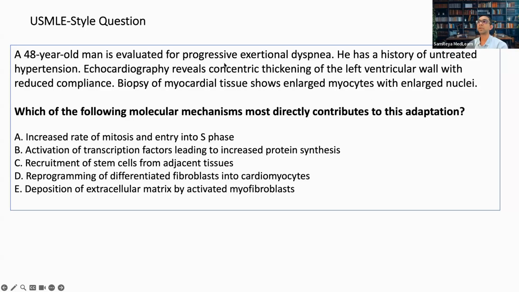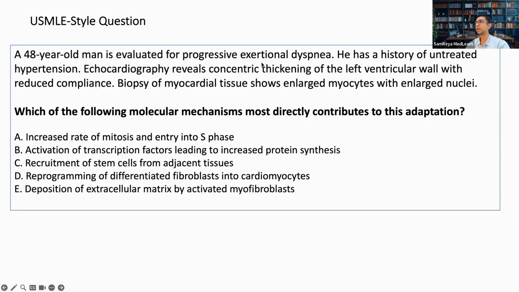This is a 48-year-old. What has he come to you with? This man has come with progressive exertional dyspnea, right? That means difficulty breathing on exertion. This might be due to many reasons, but most likely this person has cardiac hypertension or early forms of heart failure.